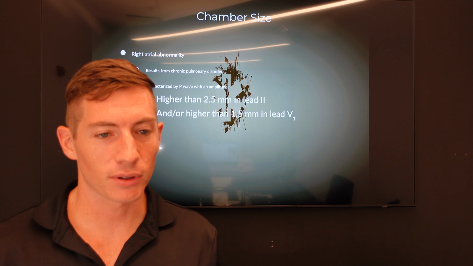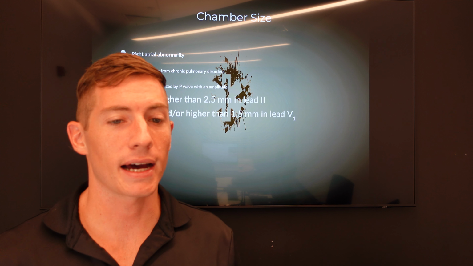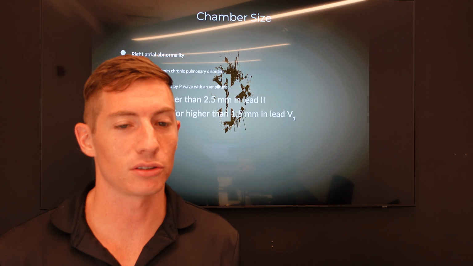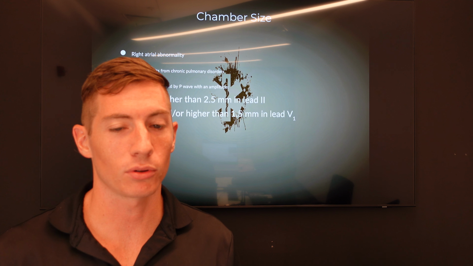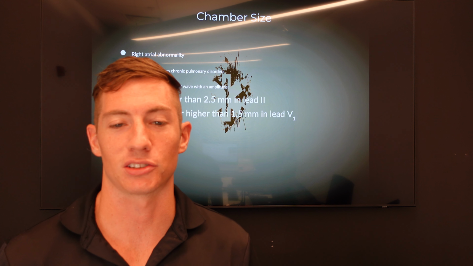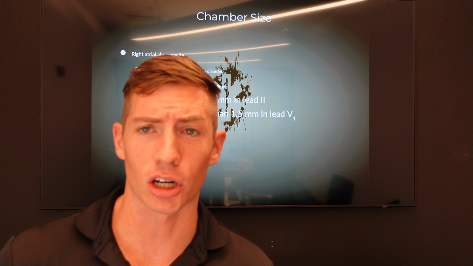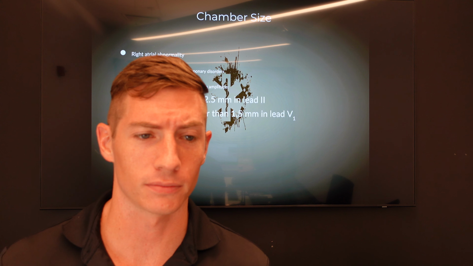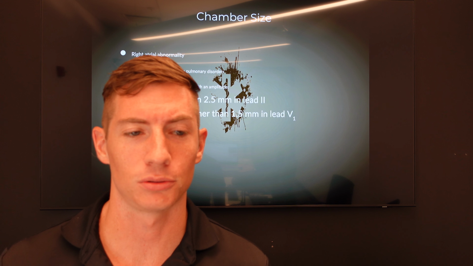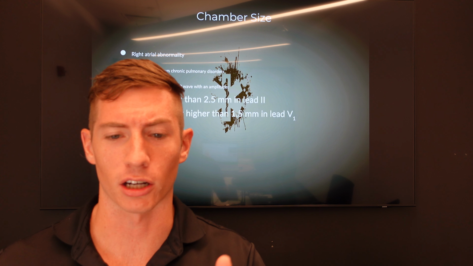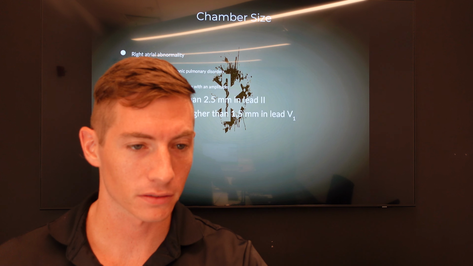Characterized by a P wave with an amplitude higher than 2.5 millimeters in lead 2 or higher than 1.5 millimeters in lead V1. So you just have to go over all these. There's a long list of rules that come into play, trying to figure out what specifically is going on with the heart at this level.